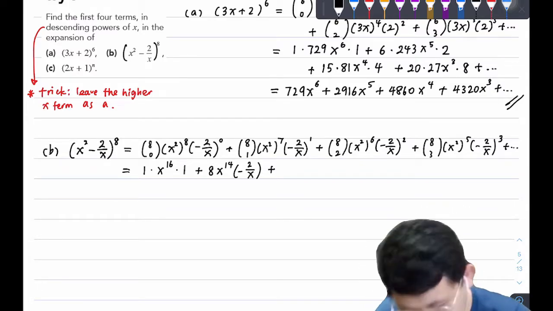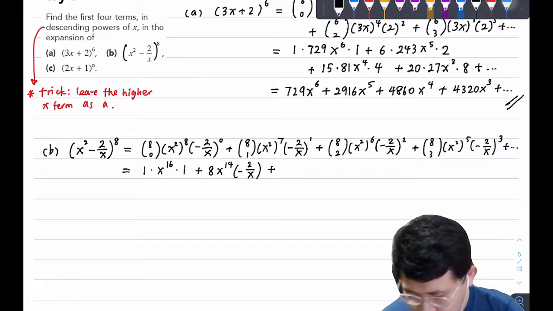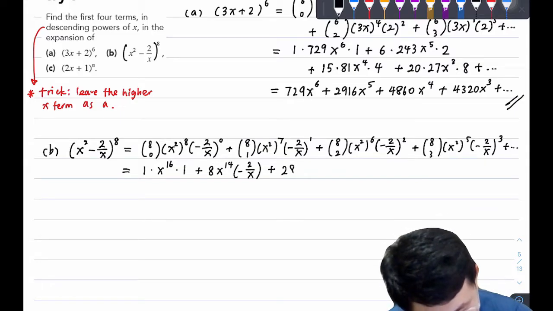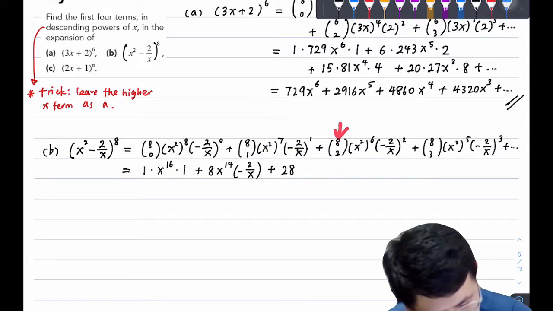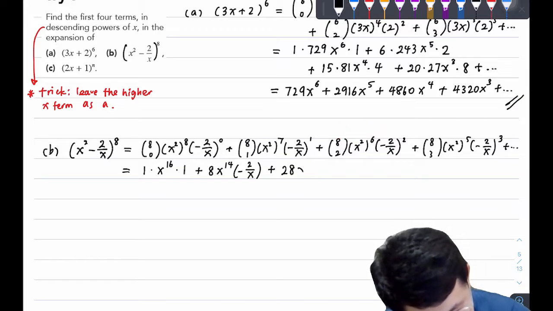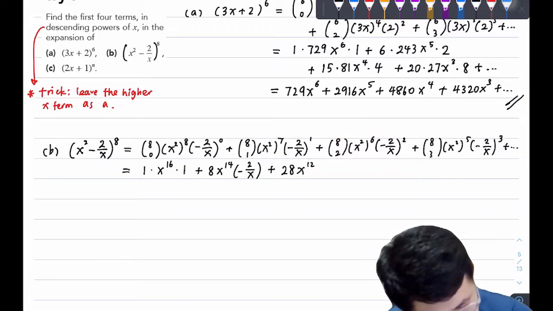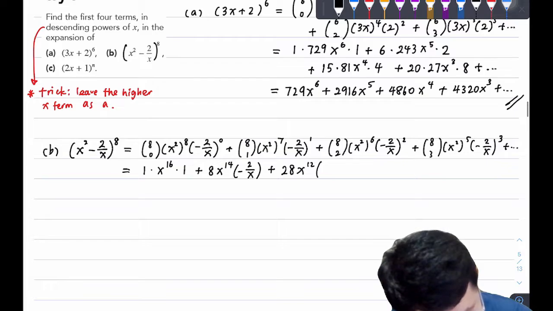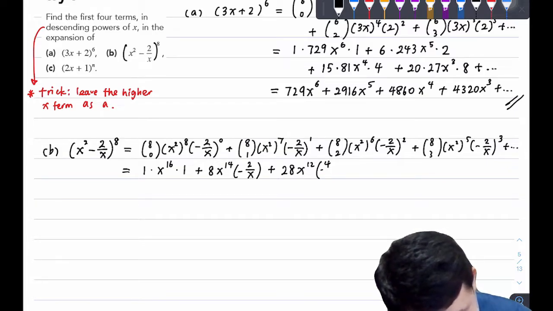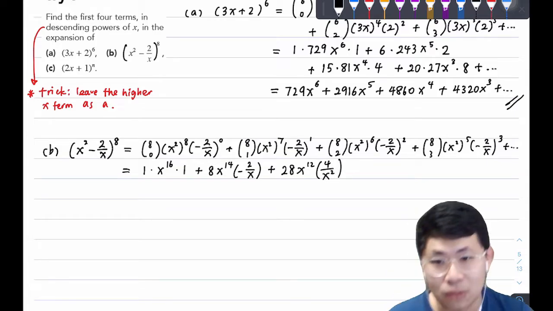Okay, for the next one, 8 choose 2. Calculator will give you 28. This one would be x to the power of 12. This one over here, when we expand, negative 2 squared will give me 4, and this will be x squared below.